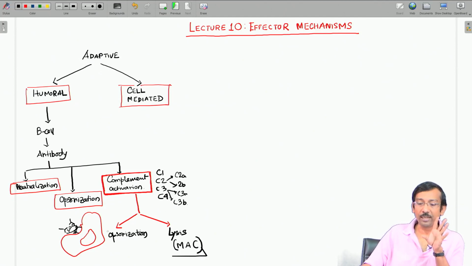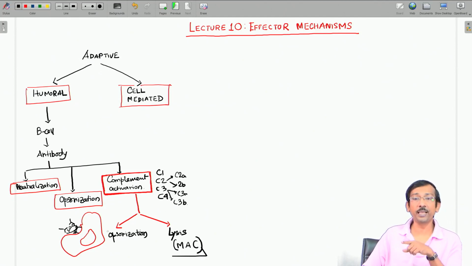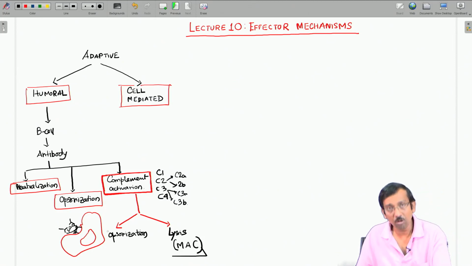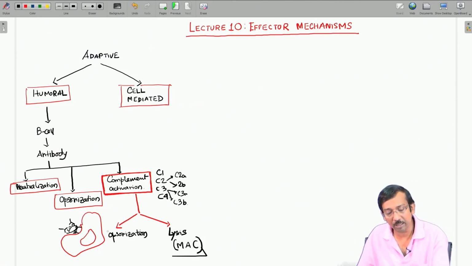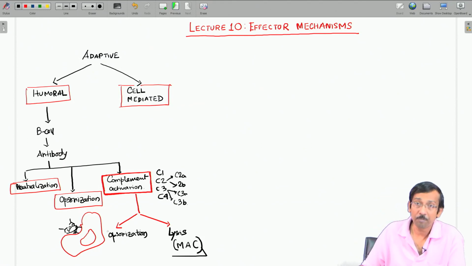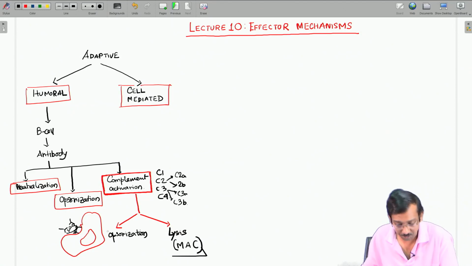This has to be very clear, and one such effector mechanism is complement activation, and one such effector molecule is the complement proteins. The complement proteins can do, precisely, three types of functions.